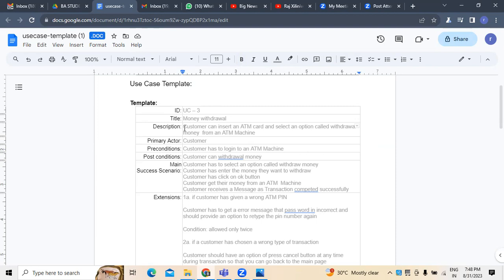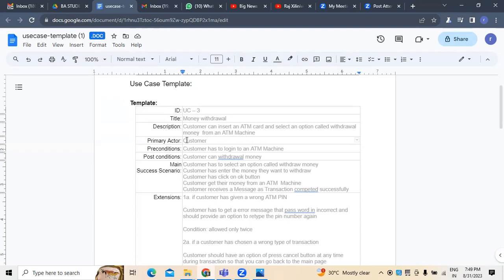Who is the user here? The customer is the user. The customer is a person who goes to the ATM counter and withdraws money, and those people are called the primary actor.